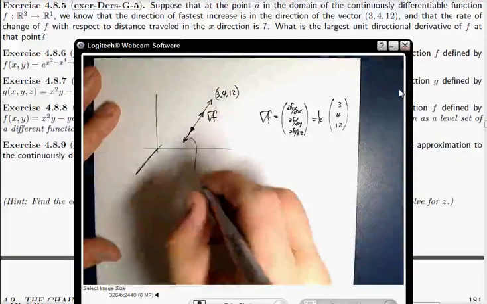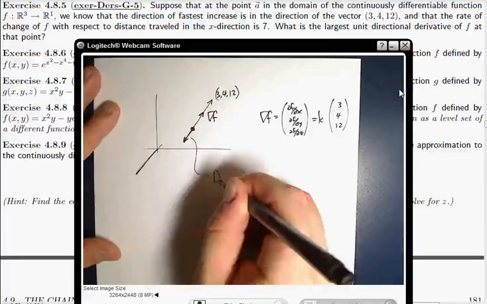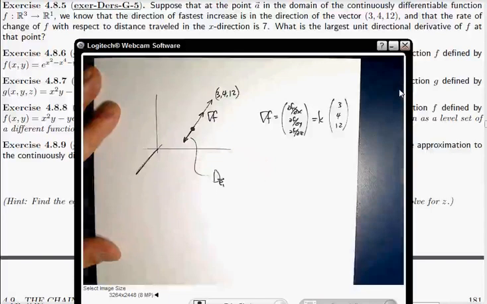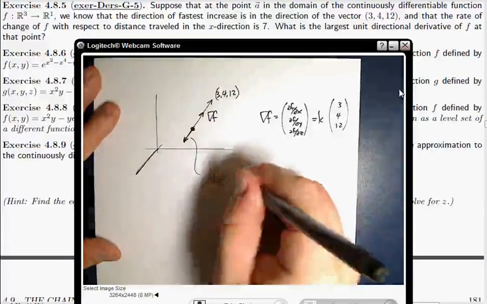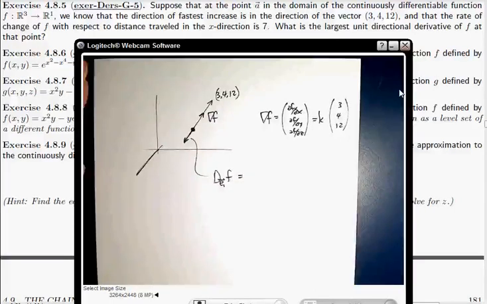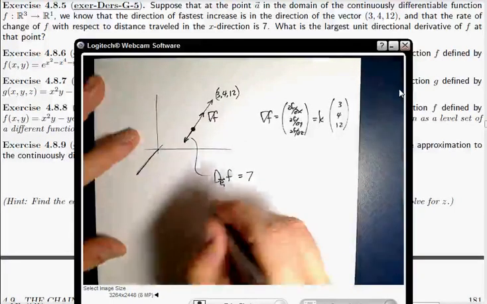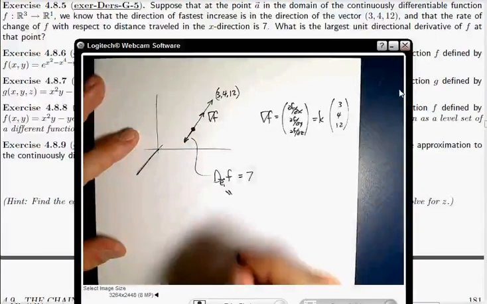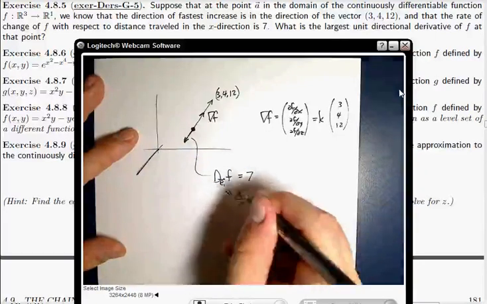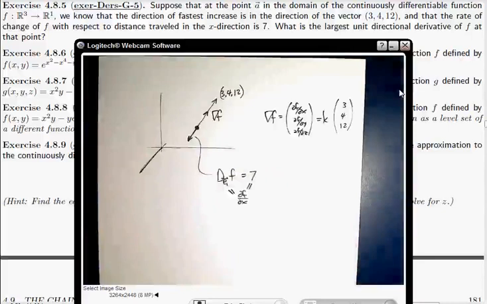So that tells me that the unit directional derivative in the e1 direction of f is 7. Well, of course, now wait a second. This is partial of f with respect to x. Is that cool?